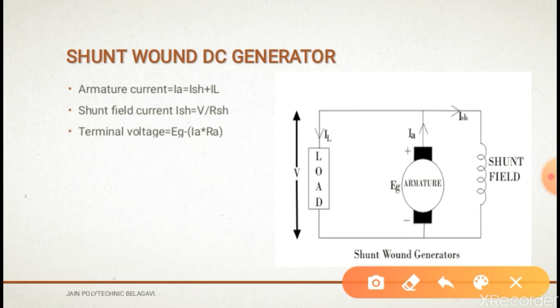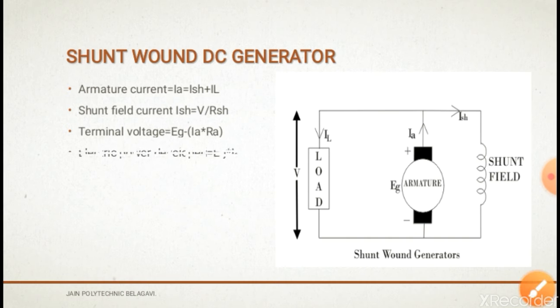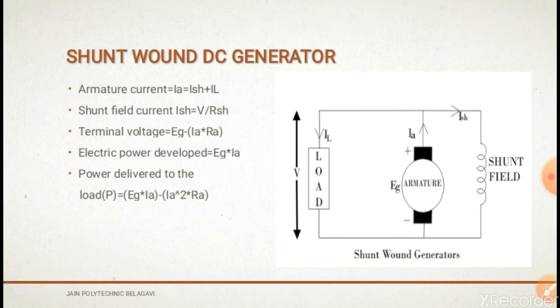So the next one is the electric power which is developed. It is given as Eg into Ia. So the power which is delivered to the load is given as Eg into Ia minus Ia square into Ra. So take this Ia as common and here we will get it as Eg minus Ia into Ra.